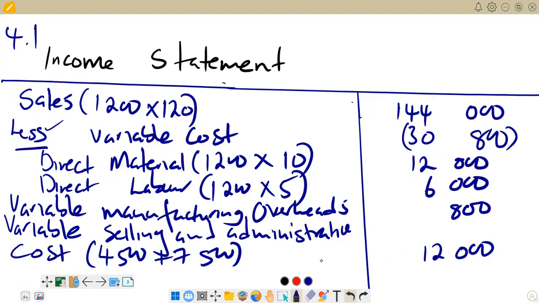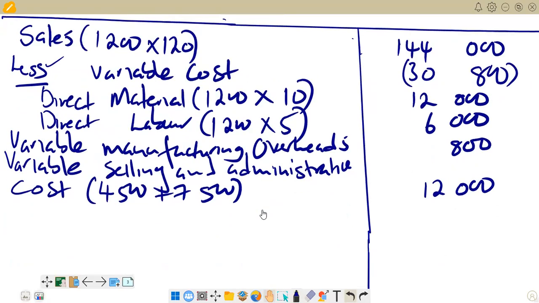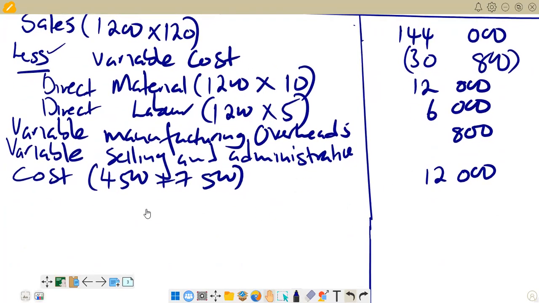And then when we subtract, so what we are now doing, we are now saying sales minus variable cost, which is 144,000 minus 30,800. And then the answer that we are getting there will come beneath where we call that figure marginal income.